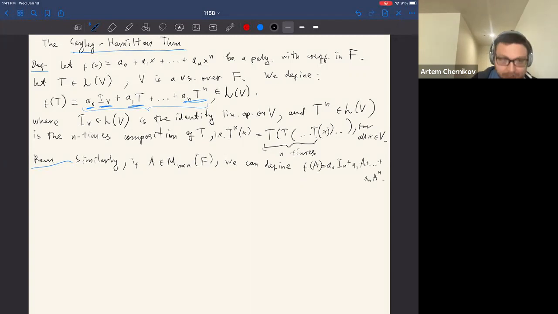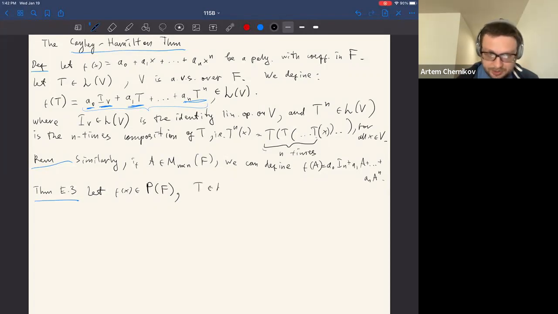So let's summarize what we have defined here. This is theorem E3 in the book. Assume that f of x is a polynomial with coefficients in F, and assume that T is a linear operator on V, for V a vector space over F. Then we have the following observations.